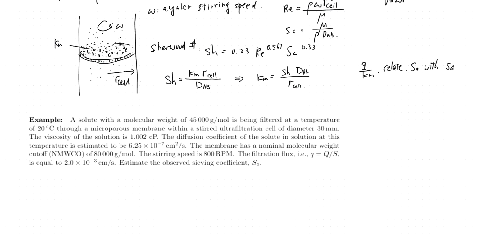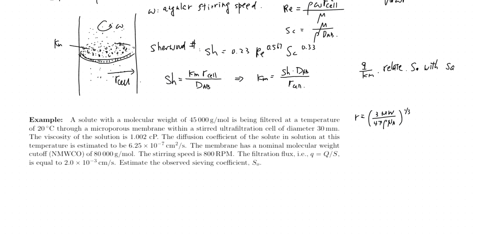You may think about why they give us the molecular weight. This is because you can relate a molecular weight to the size. Recall when we did the Stokes-Einstein relation, we said if you know the molecular weight, you can know the radius by using this equation: 3 multiplied by molecular weight divided by 4 pi rho Na, to the power of 1/3.